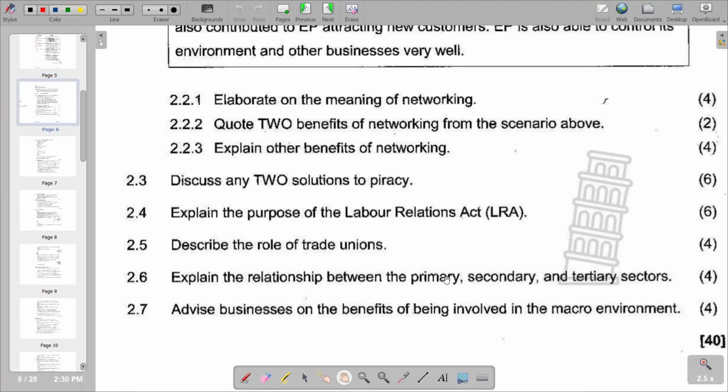And the primary and secondary also source some services from the tertiary sector. We are talking about transport services, insurance services, the banking services. Those are some of the services that these 2 sectors will source from the tertiary sector. So there is a relationship between all these 3 sectors that is also articulated in our other section.